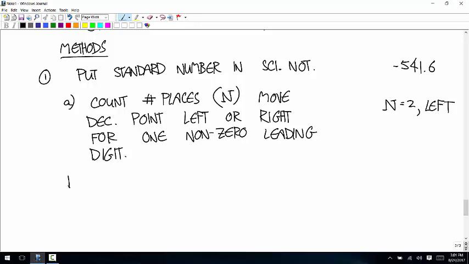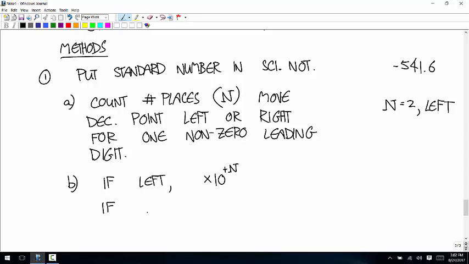And now the second step: if we had to move it to the left, then we're going to multiply by 10 to the positive n.